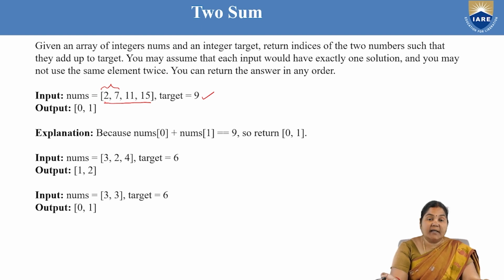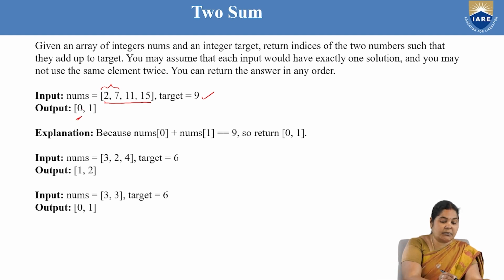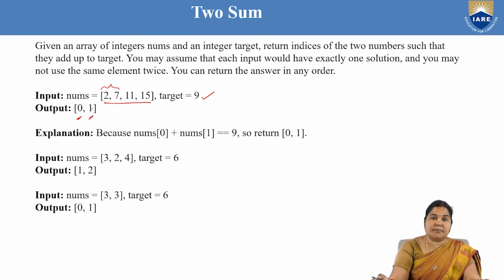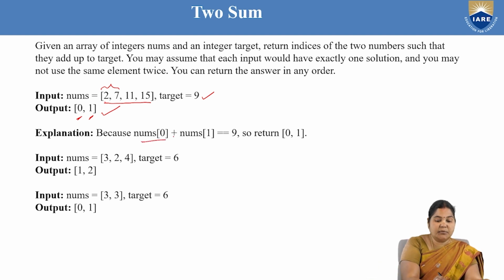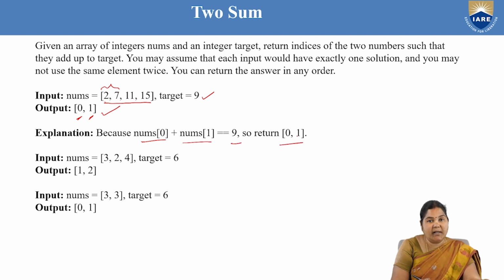Then what are the indices at which the numbers are present? 2 is present at index number 0 and 7 is present at index number 1. So we have to return the indices of those numbers which, if you add, make up the target. Here nums of 0 plus nums of 1 becomes 9, so we have to return their indices as 0 and 1.